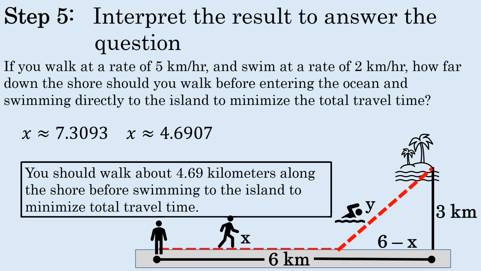That's the value that will minimize total travel time. I'm going to round this answer off to the nearest hundredth and state a solution of you should walk about 4.69 kilometers along the shore before swimming to the island to minimize total travel time.